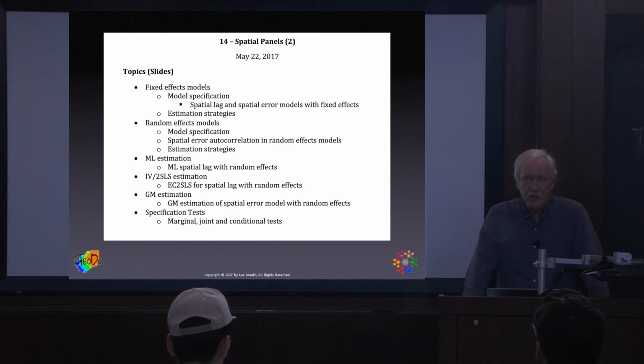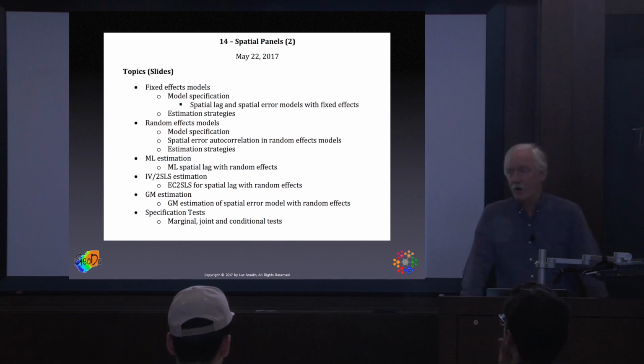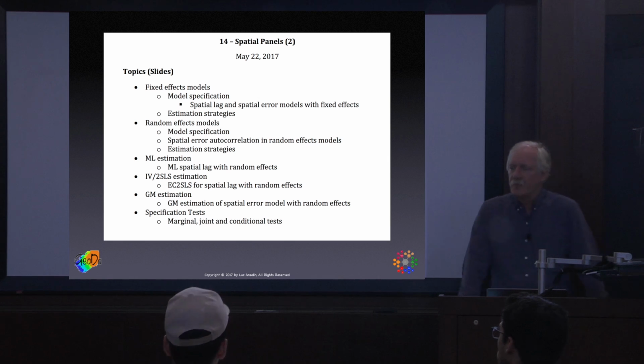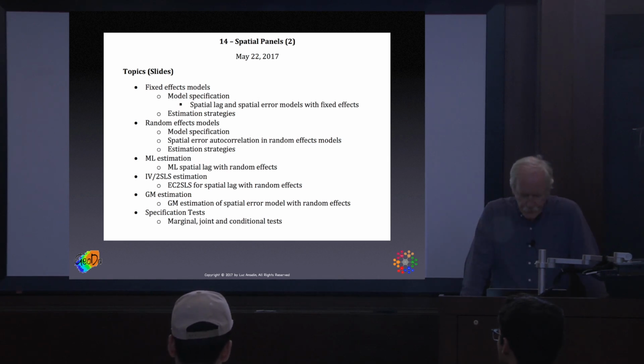And then very briefly, because this stuff is extremely complicated and the notation is a bear, as you'll see, I'll just give you one example and talk about specification tests. I don't have enough time to go into that in much detail. And also, there's a bit of a problem with software.